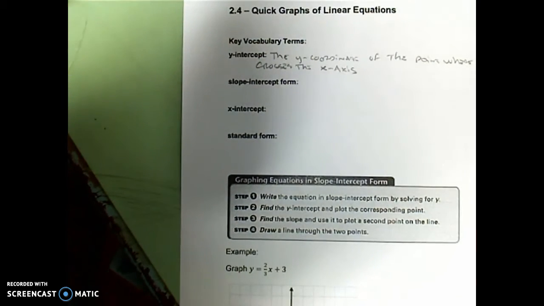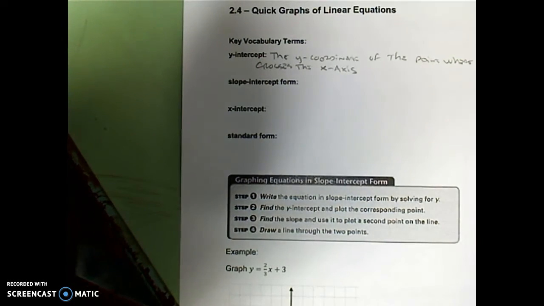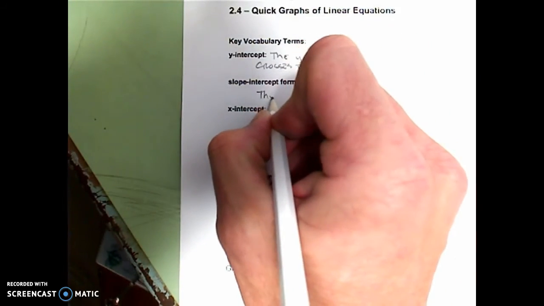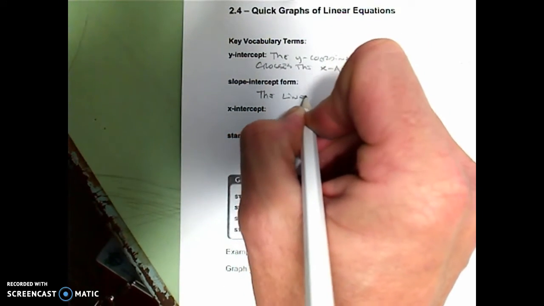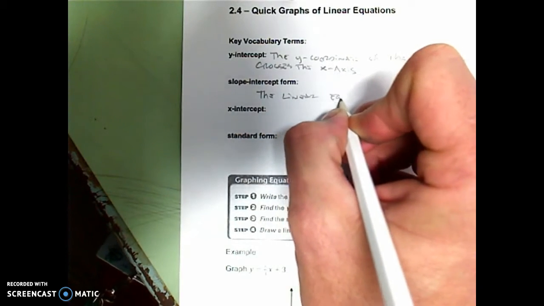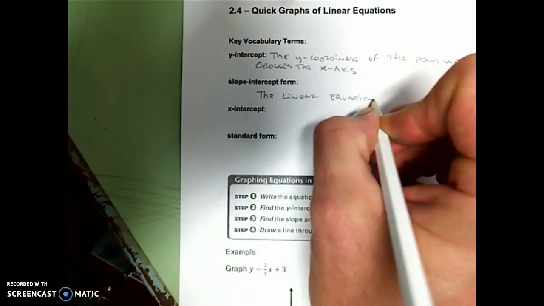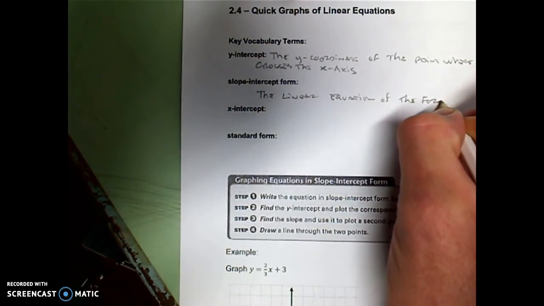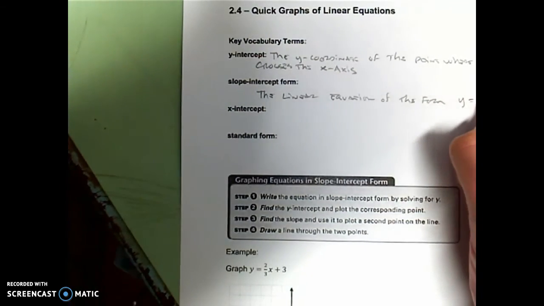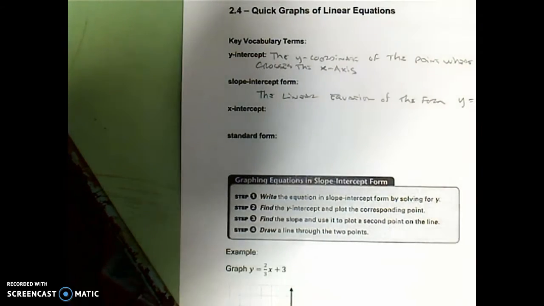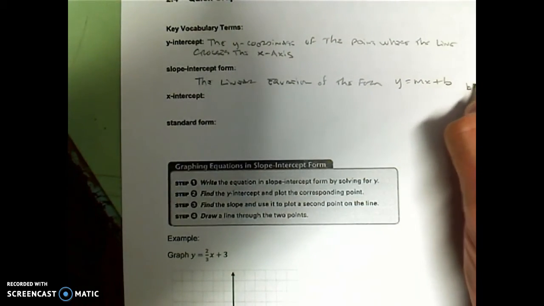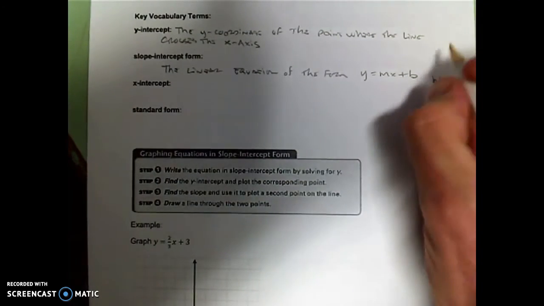And in particular, you probably remember from Algebra 1, linear functions written in slope-intercept form. So a linear equation written in the form y equals mx plus b is in slope-intercept form, where b is your y-intercept and m is your slope.